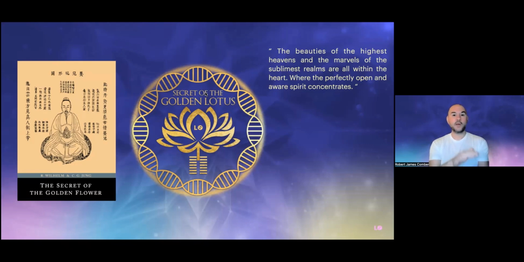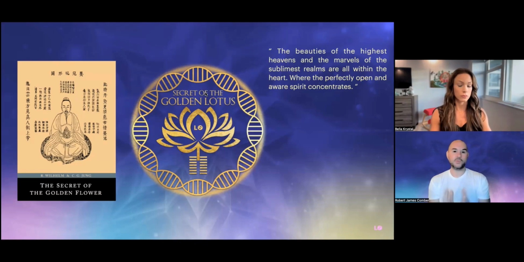Now, the reason why it's in the Star Codons is because, to me, it was revealed as very much an embodiment practice of inner alchemy. This happened through a very beautiful sequence within the hexagrams, a sequence I've not seen anywhere.